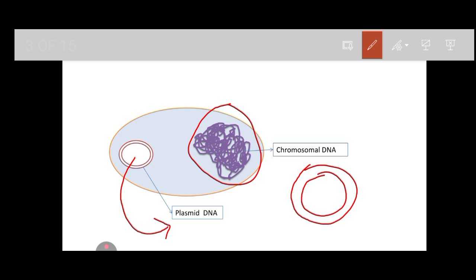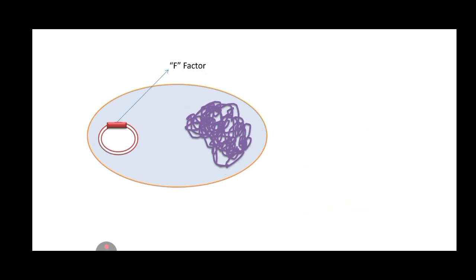This is to be noted. Chromosomal DNA is packed as a tangled mass, whereas plasmid DNA is clearly defined as extra chromosomal double stranded DNA. So, in addition to chromosomal DNA, there is another copy of genetic material present in bacteria. That additional copy is said to be the plasmid. We will move on to the next slide.